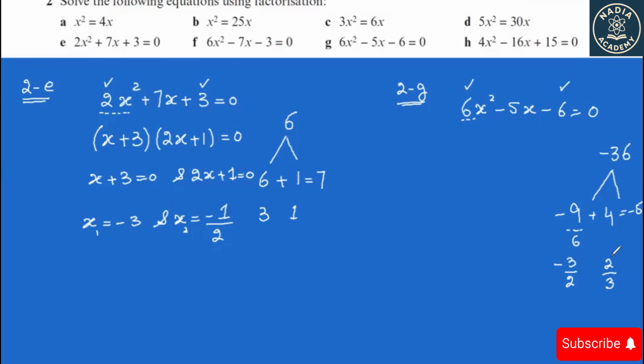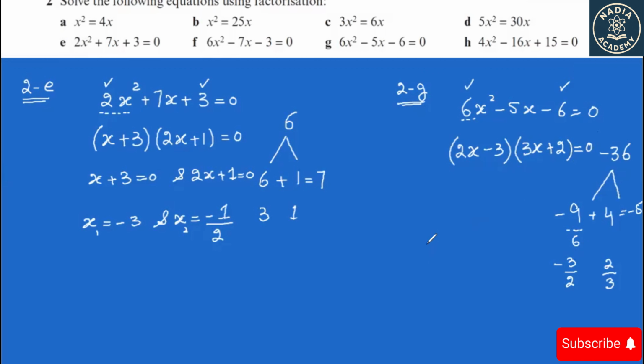So this means these factors will be here, because the 6 converted into 2 by dividing the 9 with 3. So 2x minus 3. And the second factor is 3x plus 2, that is equal to 0.